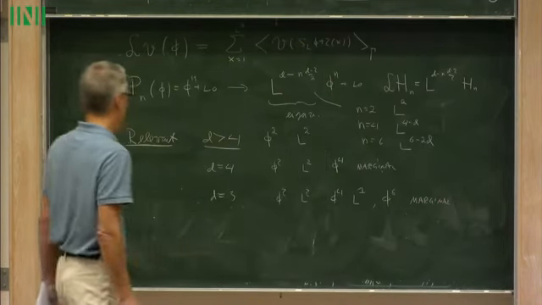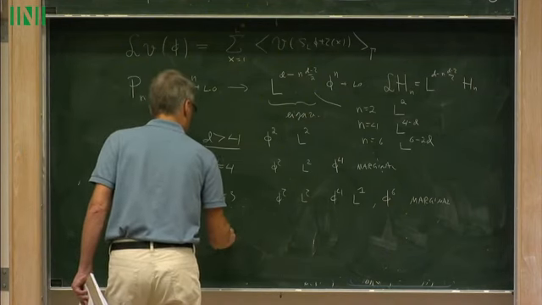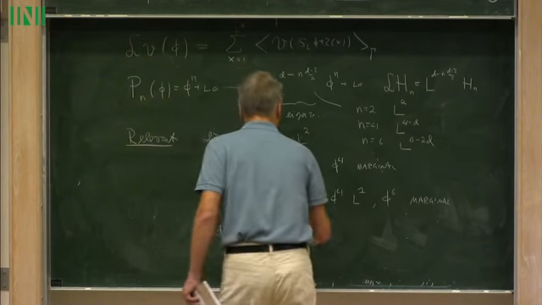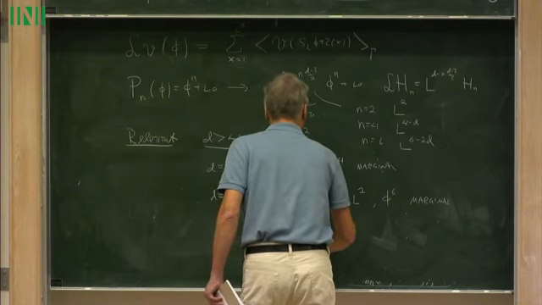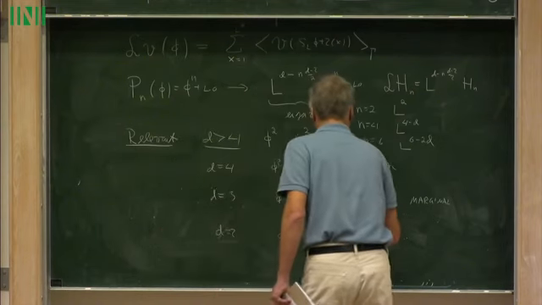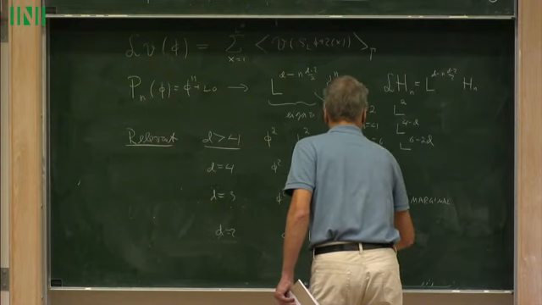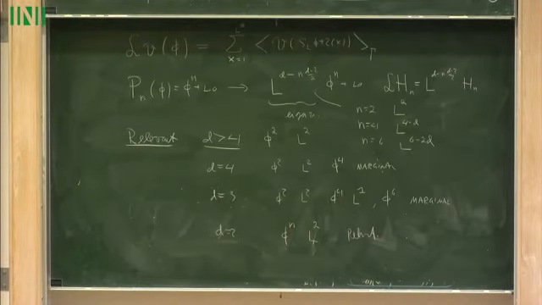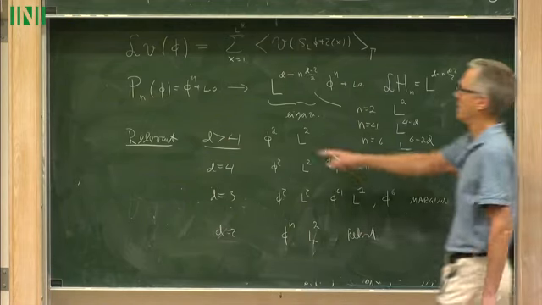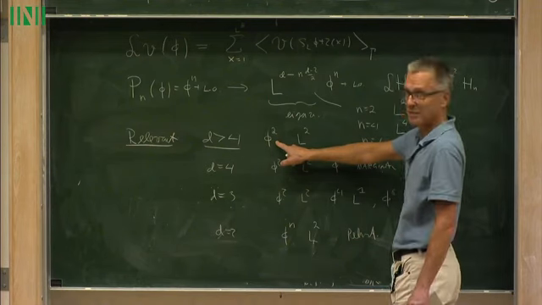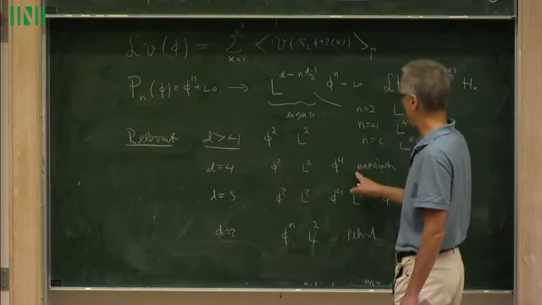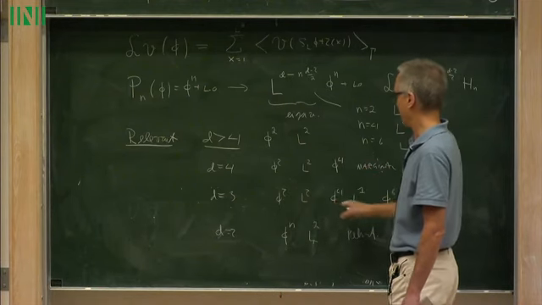And if I go all the way to 2 dimensions, then every power of phi is relevant. So apart from 2 dimensions, I have very few relevant ones: in dimensions bigger than 4, only phi squared; in 4, phi squared plus one marginal; and in 3, I have these 2.